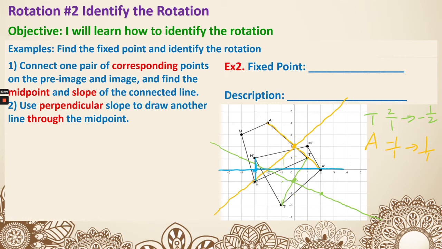Lastly, I just need my M and M prime. Right here, connect them. They're one vertical and 5 horizontal, so the midpoint is going to be around here. For M, that's a bit special.